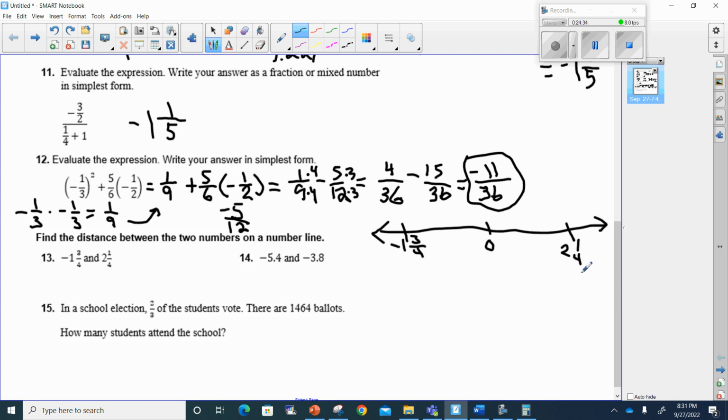As you can plainly see, we're going to have to add the distance of here and here to find the total distance between. So I'm adding these numbers together. All right, so I have to add negative 1 and 3/4. Well, remember, distance doesn't have a negative number, so I'll be adding 1 and 3/4 to 2 and 1/4.